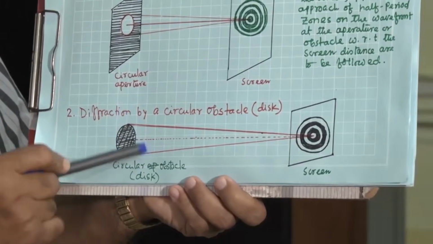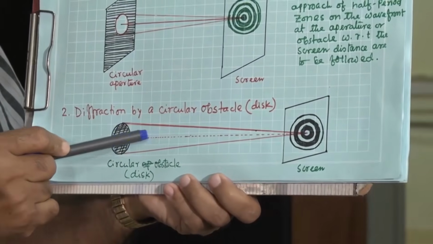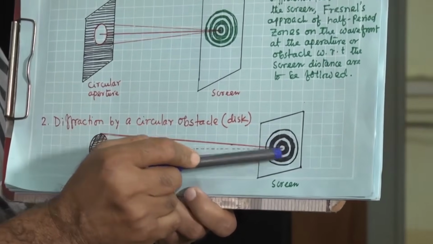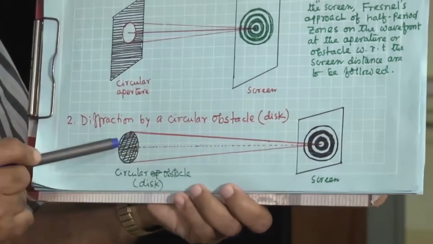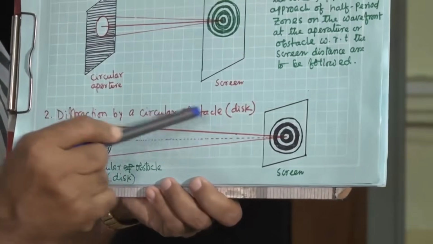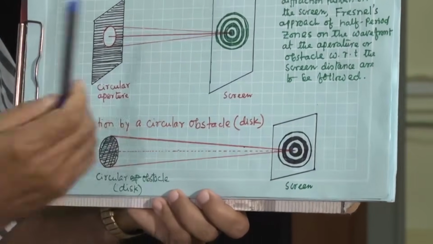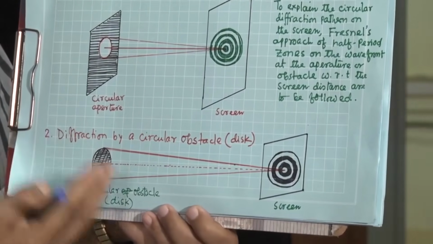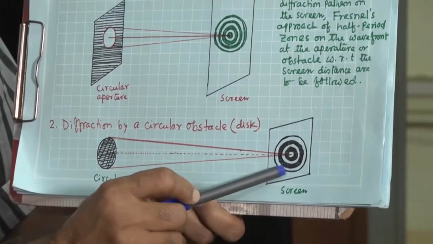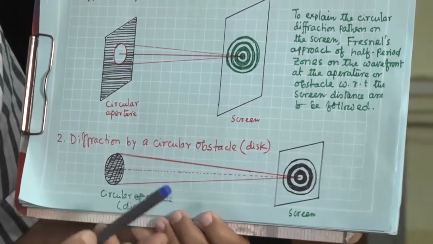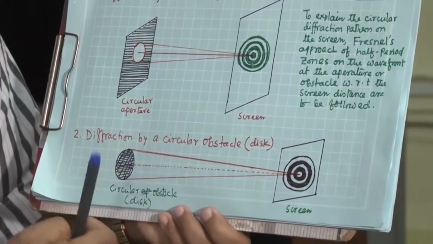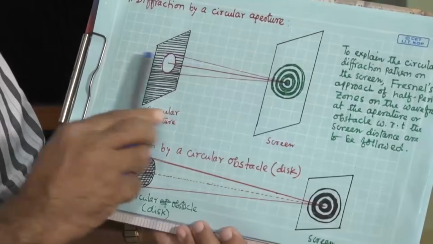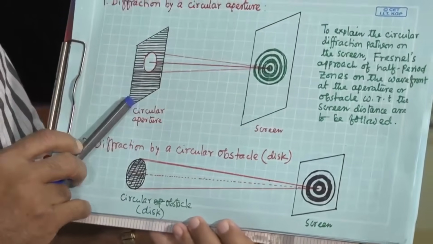So this is the obstacle, so no light is passing through in this direction, but at this center, light is obstructed, but still you are getting that the center circle is bright, always bright. Okay. So that is because of the diffraction, and Fresnel type diffraction, of course. So zone plate is basically of this kind.